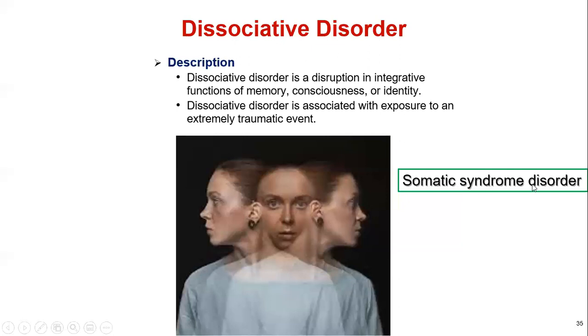Somatic symptom disorder is excessive and maladaptive thoughts, emotions, and behaviors regarding physical symptoms that significantly disrupt the patient's daily life. So it is not the same as dissociative disorder.